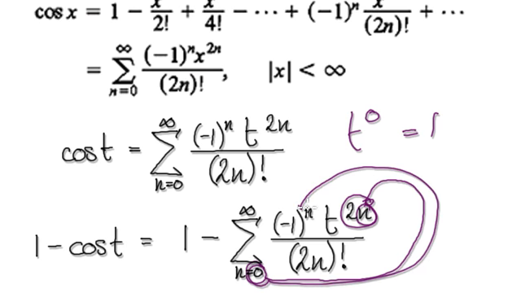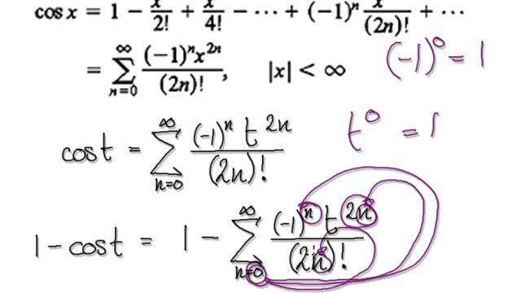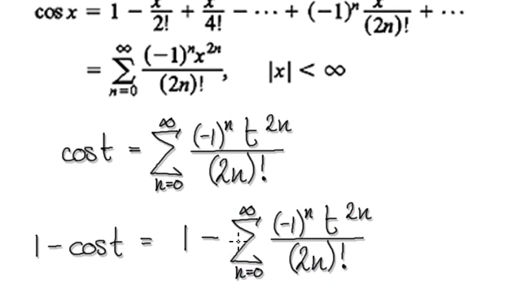Put 0 into here, so this will be minus 1 to the power of 0, which is 1. And then put 0 into here: 2 times 0 would be 0, and 0 factorial would be 1. So the first term will be 1, and that first term will cancel out with this one here.